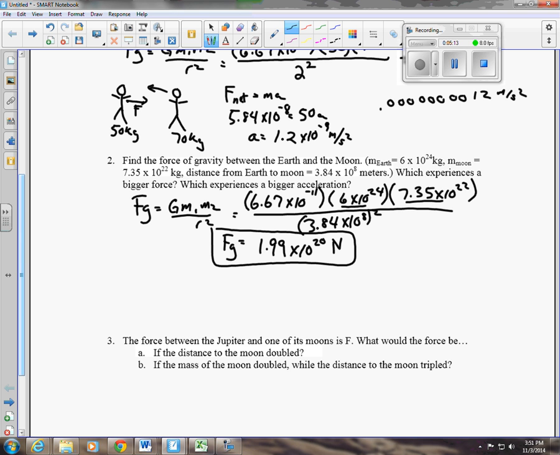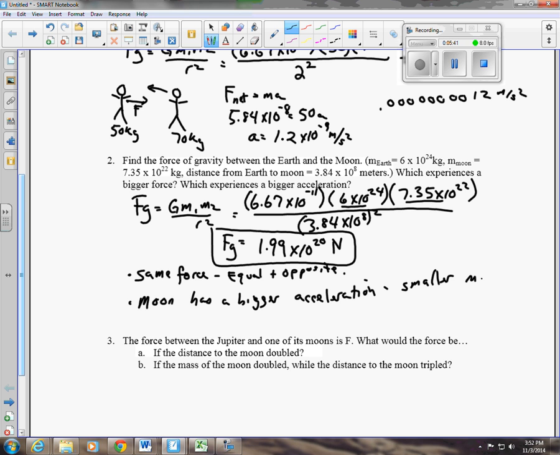They're equal and opposite. But the moon would have a bigger acceleration. This has a smaller mass. And that's why the moon orbits the Earth and not the other way around.